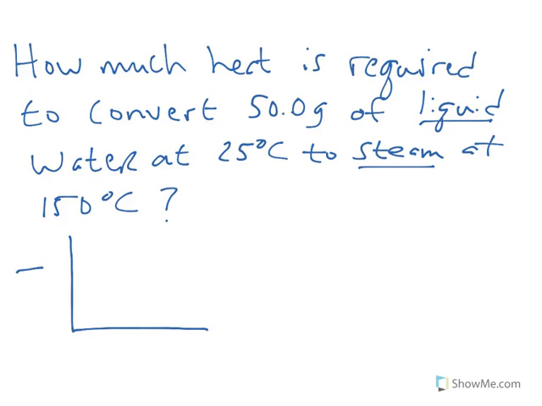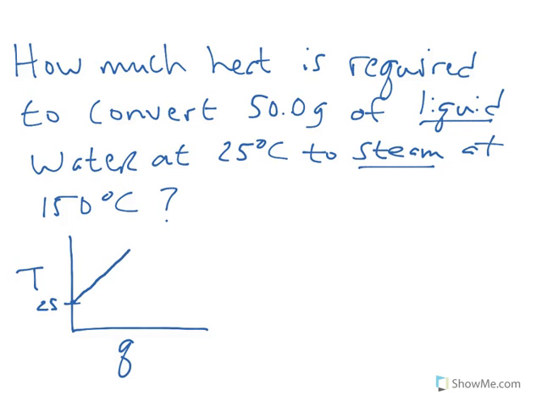So over here I'm going to put T on my y-axis and Q on my x-axis, and I'm not dealing with ice or fusion here, so I'm going to start straight out at 25 degrees C. At 25 degrees C, I'm at liquid, and I'm heating it.